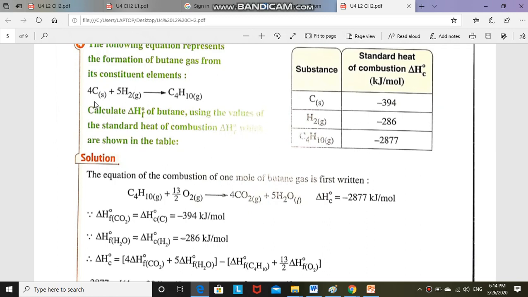This is for combustion, and here for formation. The 5 moles of hydrogen are replaced by the same standard heat, here for combustion and in the other equation for formation. Here in combustion, 5 moles of water are replaced by the same amount of 5 moles of hydrogen gas.